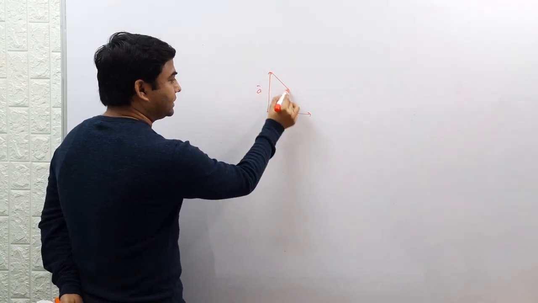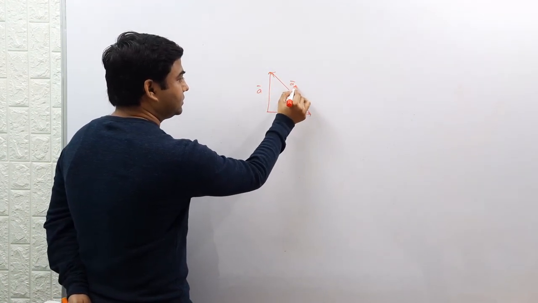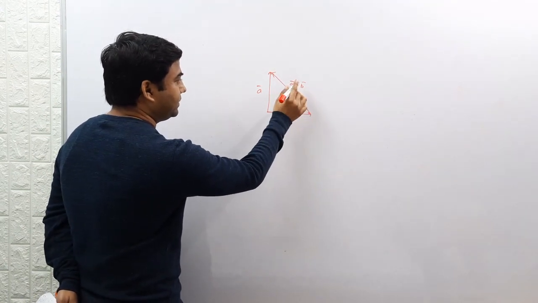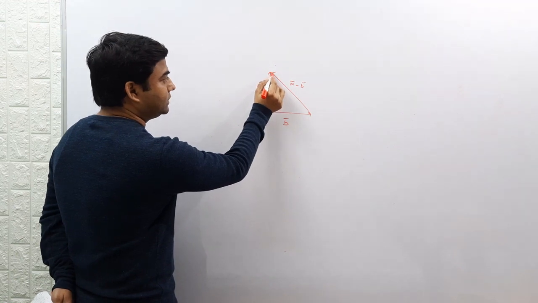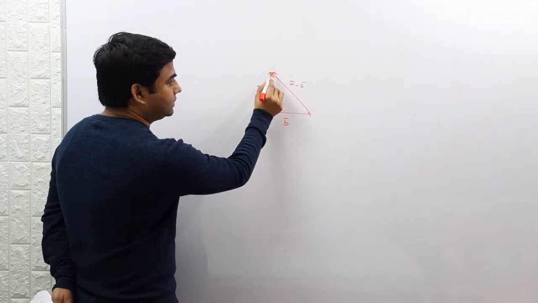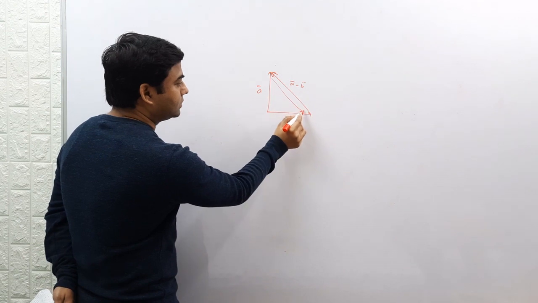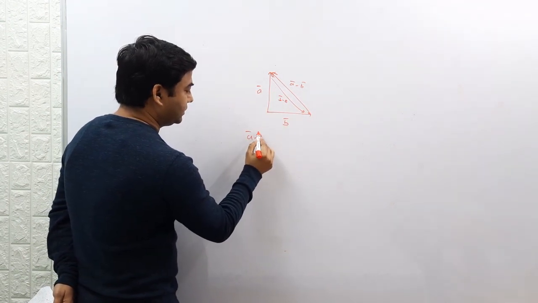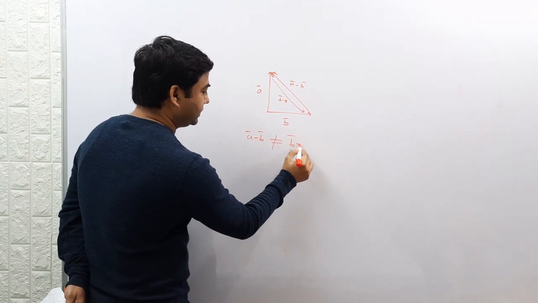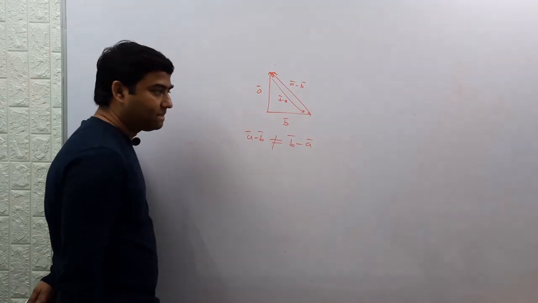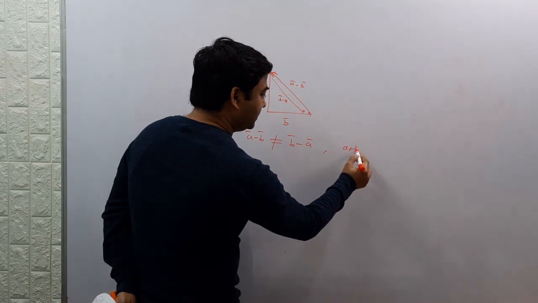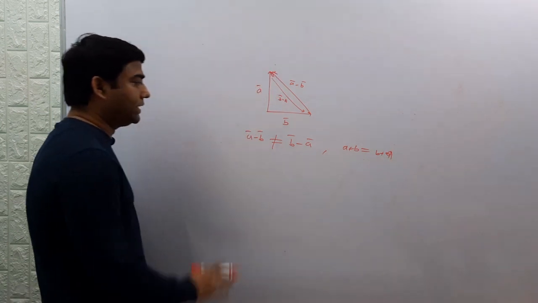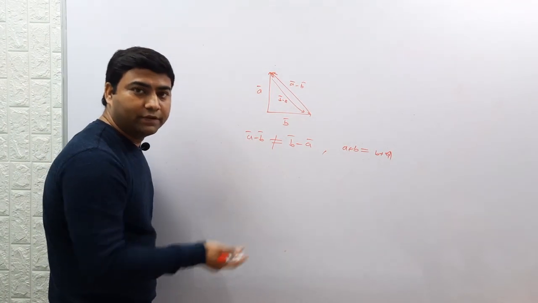So this vector is A minus B, with its direction in this way. Similarly, this vector is B minus A. So A minus B is not equal to B minus A, unlike A plus B, which is equal to B plus A. So subtraction of vectors is not commutative.